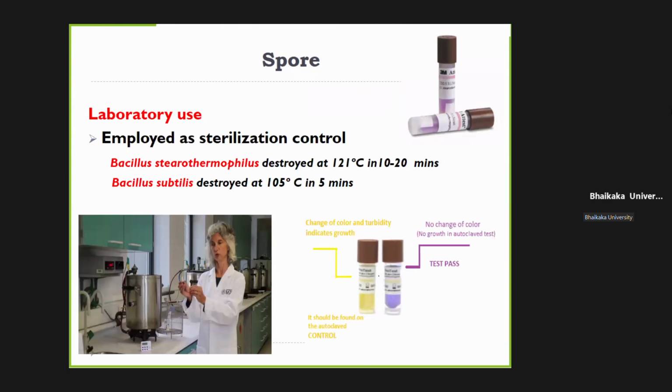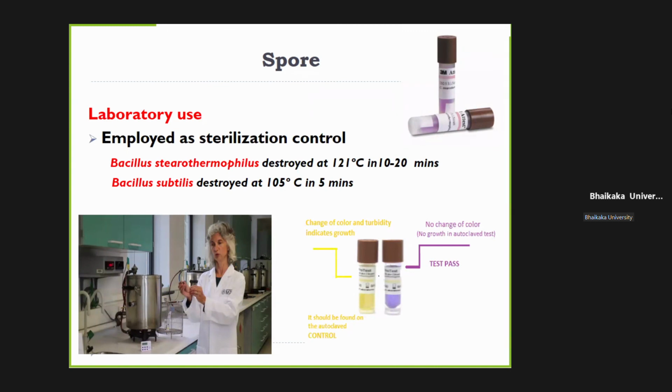So how they are used in the sterilization process: we keep such indicators with the instruments, and after completion of the sterilization process, if you see that the indicator changes color from violet to yellow, then we can say that the spores are actually not killed.